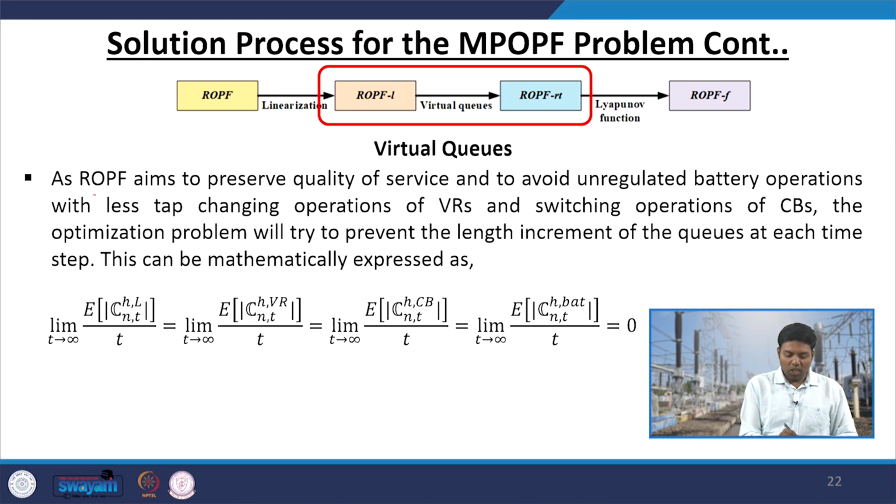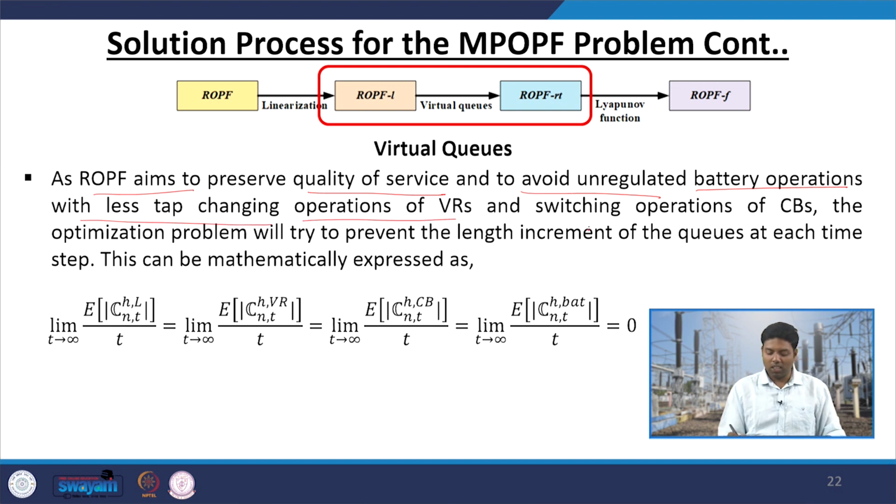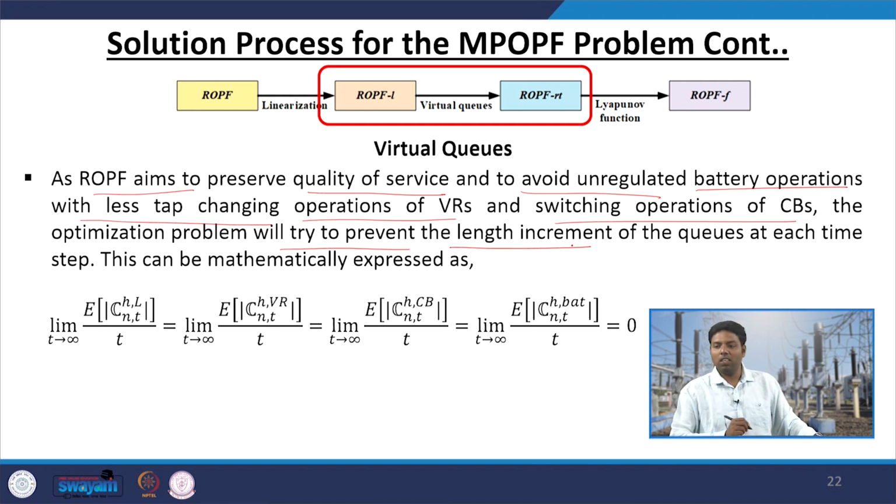So, the virtual queue aims to preserve quality of service and to avoid unregulated battery operation, with less tap changing operation of the voltage regulators and switching operation of the capacitor banks. The optimization problem will try to prevent the length increment, because you do not want your battery operation to be done multiple times or frequently, or your voltage tap changing operation multiple times frequently. So, you have to restrict that.